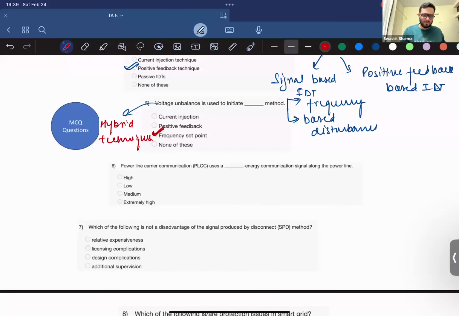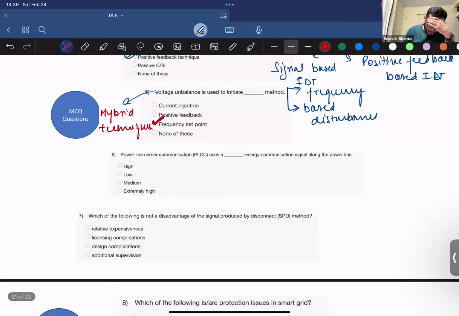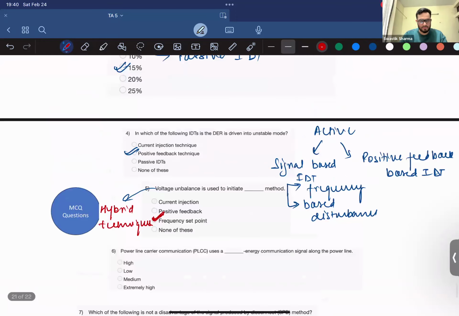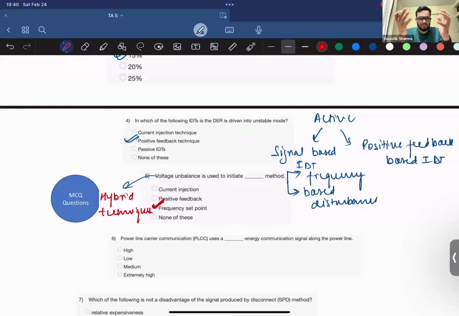So voltage imbalance was used to set a frequency set point for the DG to be able to change how it was working. The next one: power line carrier communication uses dash energy communication signal along the power line. This I didn't talk about. When you use power line carrier communication, your power line has a communication system, a transmitter on the transmission side and a receiver, which can send signals to check if a circuit breaker is opened or not.